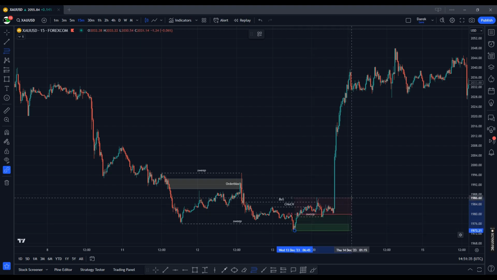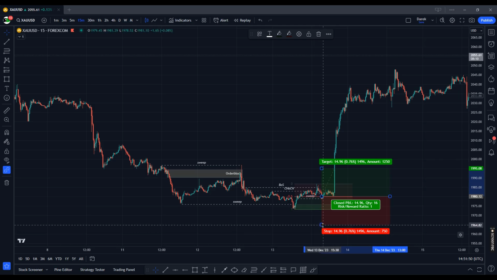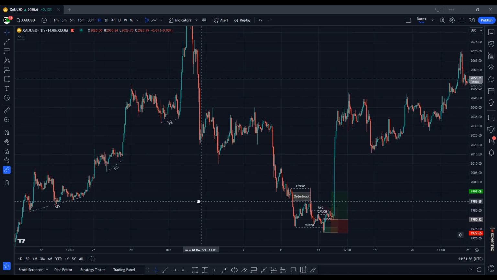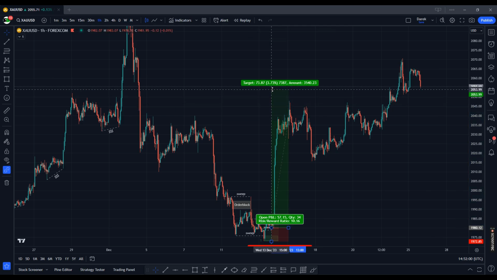It would also be okay if you entered at the discount at the bottom of this structure point with a bigger stop loss. Which would give you a 1 to 11 risk to reward trade.